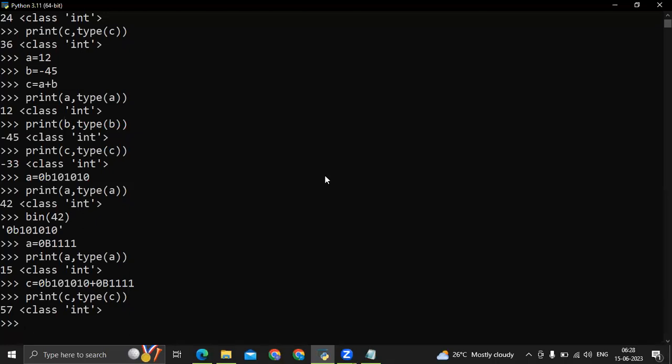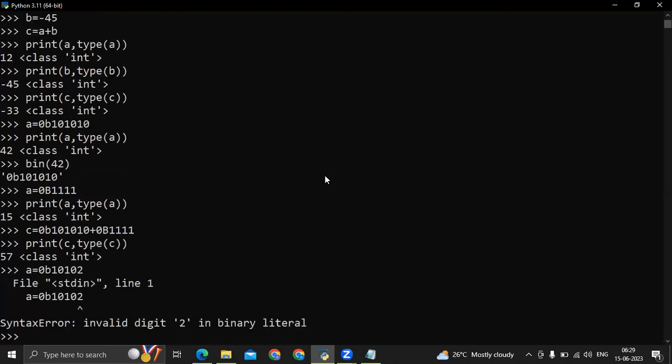Now, instead of using 1, if I use A is equal to 0b10102, is it acceptable, students? No. We'll get the error: syntax error, invalid digit 2 in binary literal.